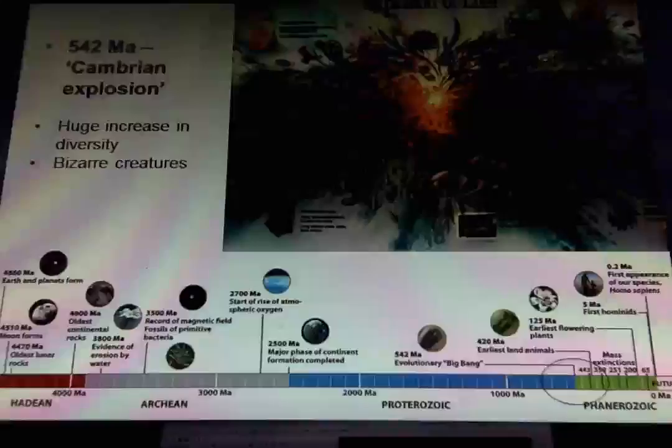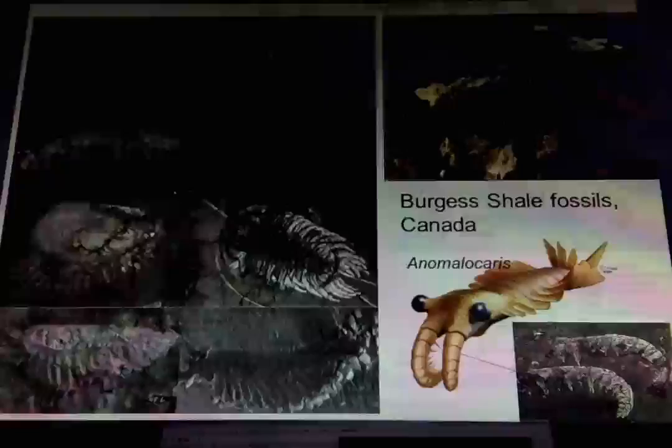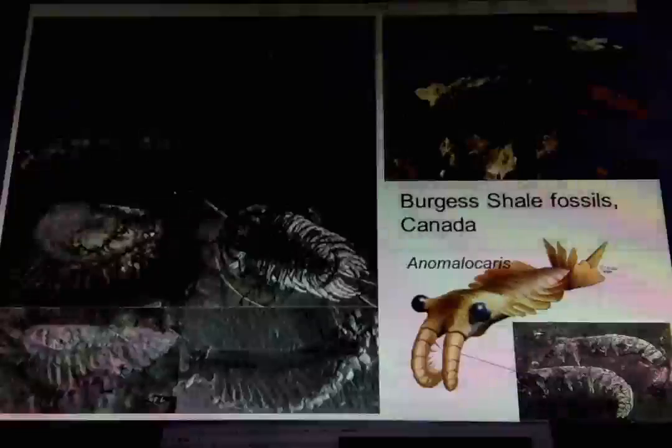So from about 542 million years ago to 515 million years ago, we had the appearance of things like jellyfish, other worms and organisms, vertebrates, snails, etc. suddenly appeared on Earth. And often they were quite bizarre creatures.